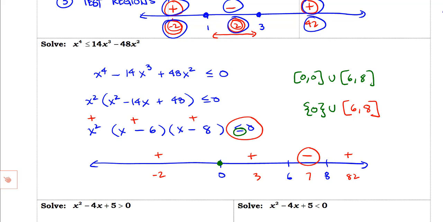So I'll take either way. But very good. Yeah, 0 does work because it can be 0 as well as negative. I just ignored the or equal to. But the or equal to does allow me to include the 6 and the 8, doesn't it? That's why those are brackets. Very good.